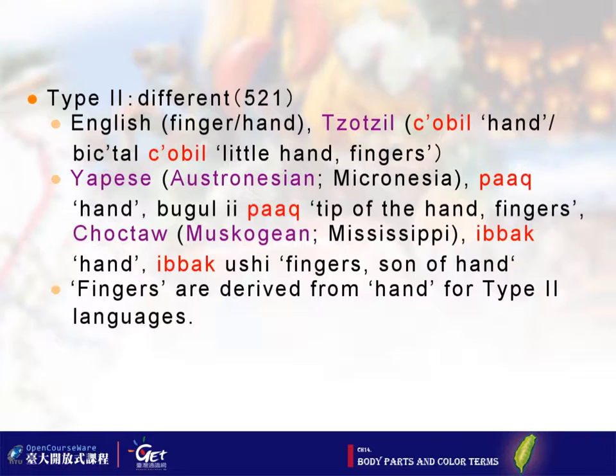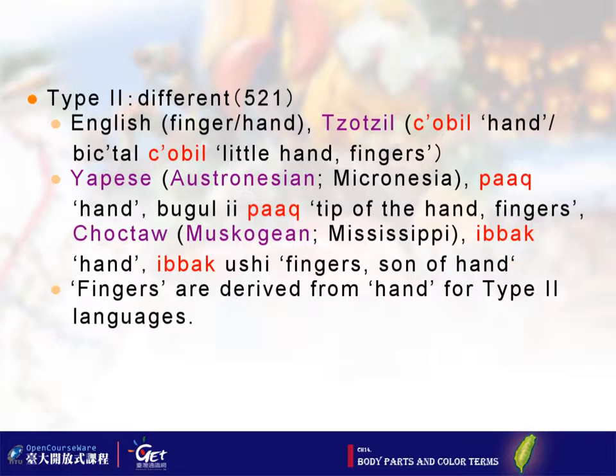And for the first type, finger and hand showing the same identical term, only 72 languages have that pattern. The second pattern is the majority of languages, with finger and hand as different terms.